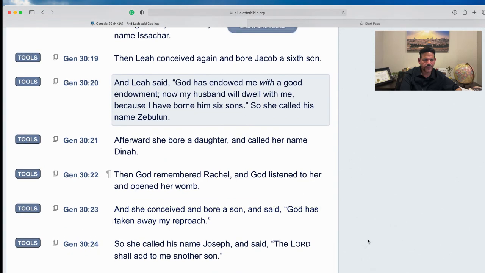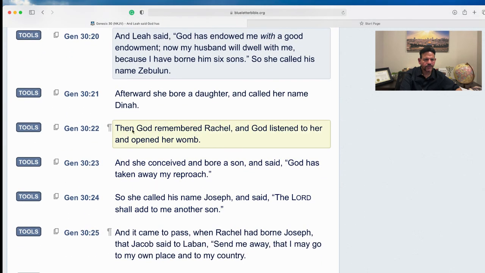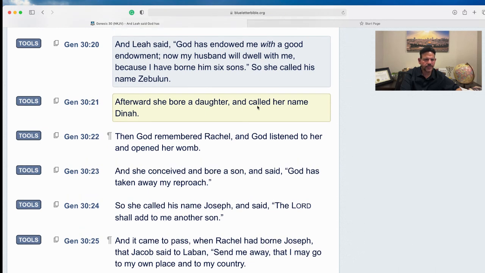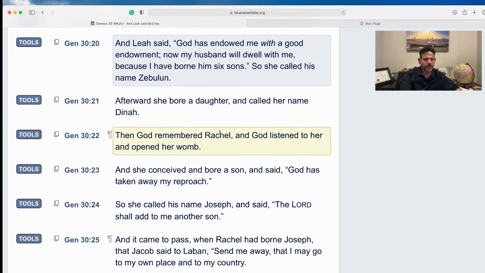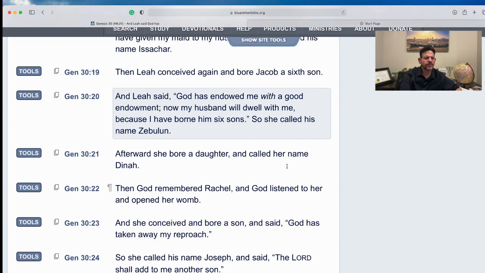Here we have Genesis chapter 30, and the statement: and Leah conceived again and bore Jacob a sixth son. So they went for Zebulun. And afterward she bore a daughter and called her name Dinah. So you have Zebulun, and then what was the other son we had before Benjamin?